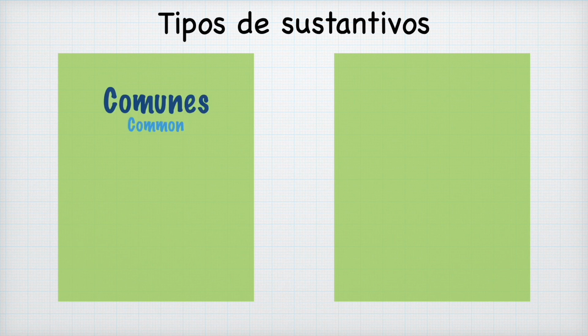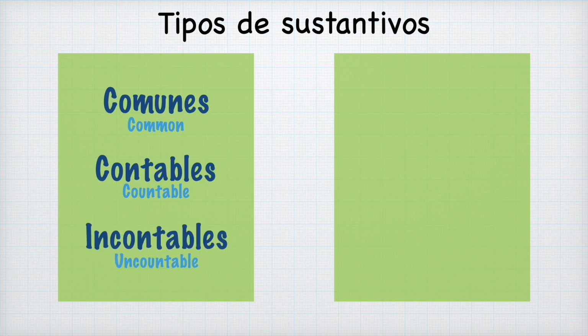We have common nouns called sustantivos comunes, and they are the most common, hence the name. They can be broken down into countable, contables, and that means that they can be counted, like a pencil, un lápiz, or two pencils, dos lápices. They exist both in singular and plural form.